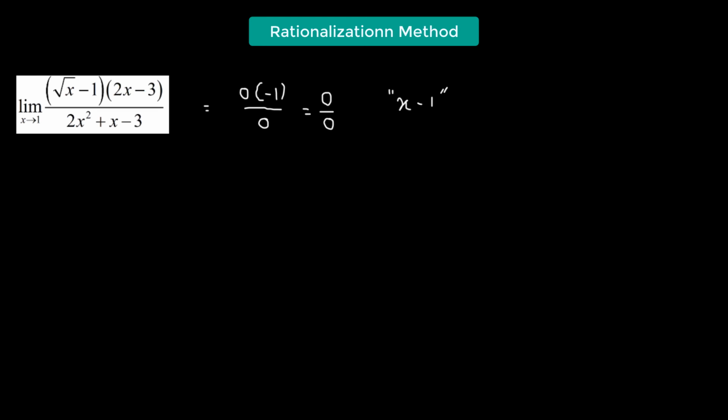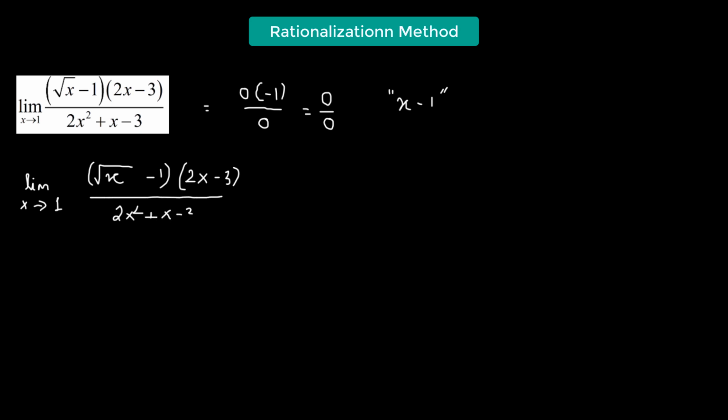So let us begin with that. Since we have root x minus 1 involved in the numerator, we're going to multiply by the conjugate of root x minus 1, which is simply root x plus 1, to both the numerator and the denominator.